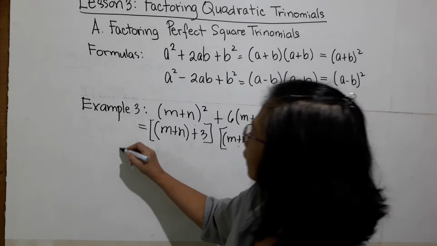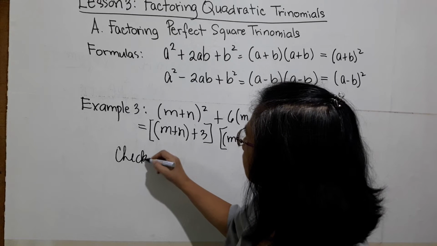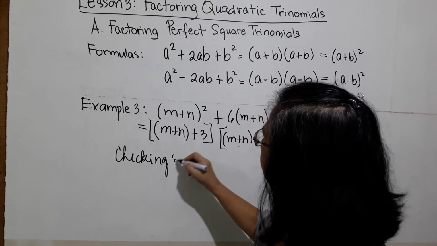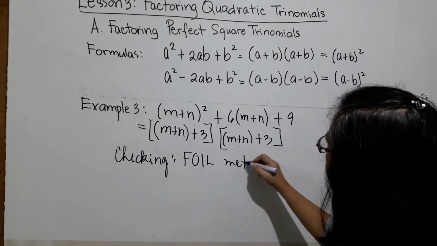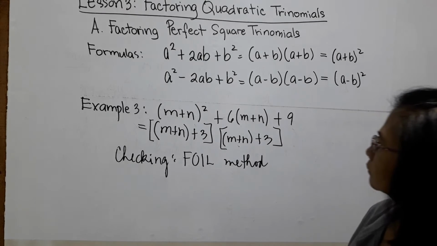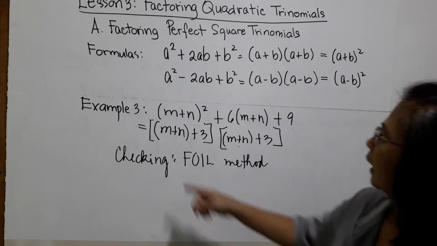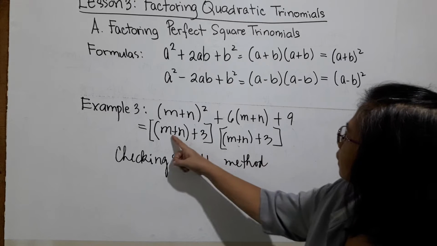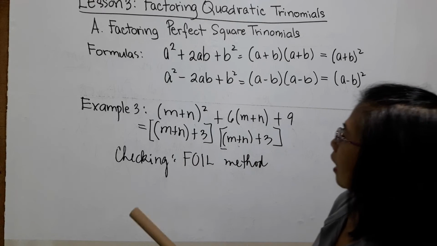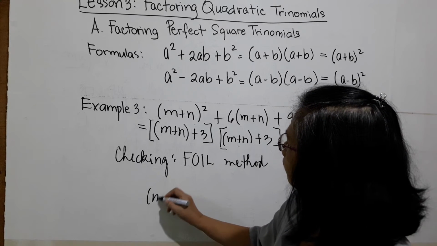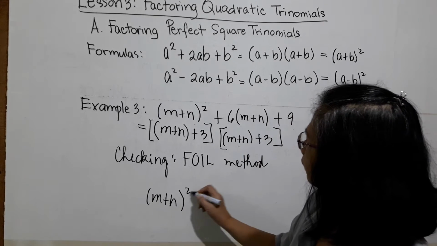Let's do the checking using the FOIL method. Okay, we multiply the first terms. So we have (m plus n) squared.